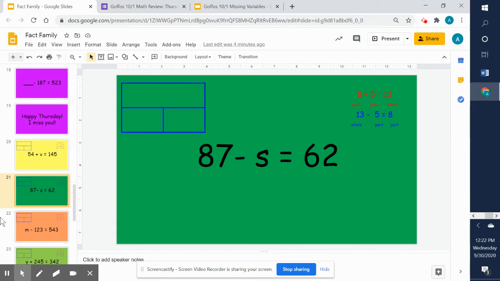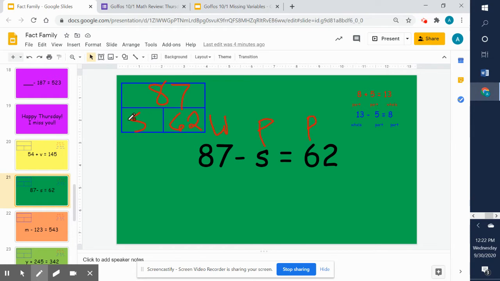All right, so you have 87 minus S equals 62. The first thing I'm going to do is label this math sentence. With subtraction, I start with my whole and then my part and my part. So my 87 is going to go up top, then my S and my 62.